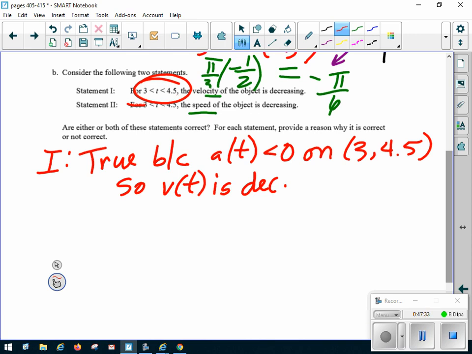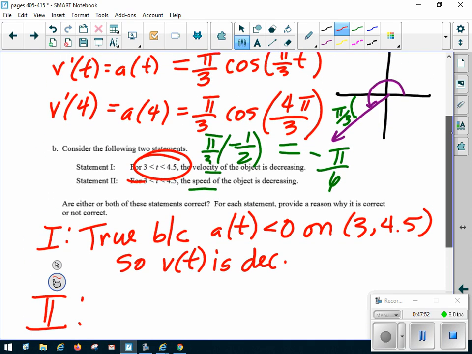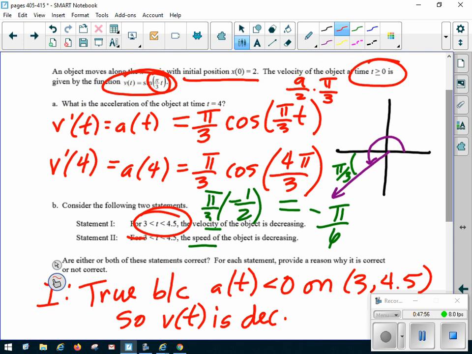Now, last thing, look at statement 2. Is the speed of the object decreasing? I know the equation for the velocity though, right?